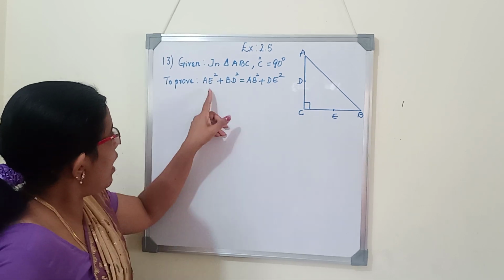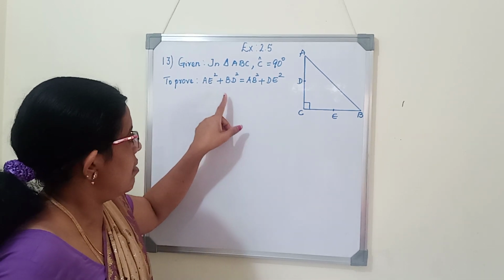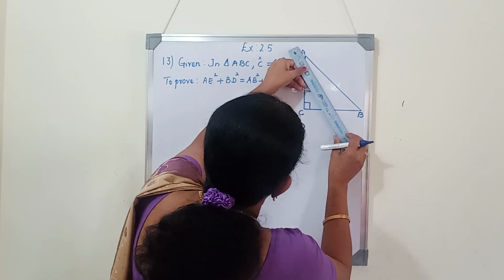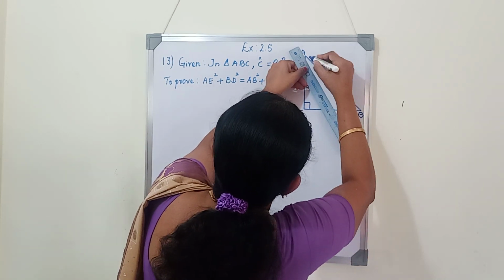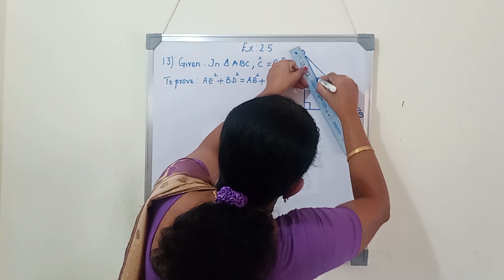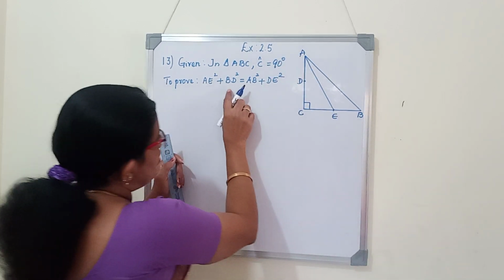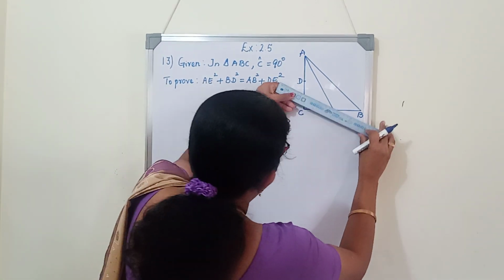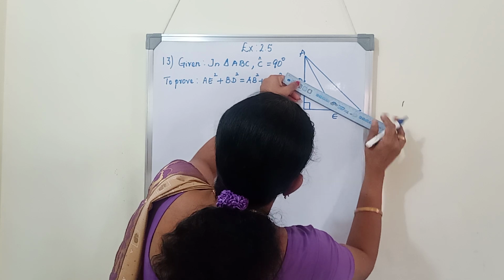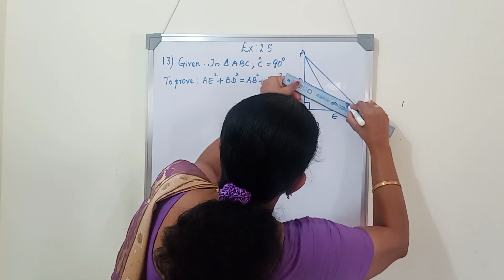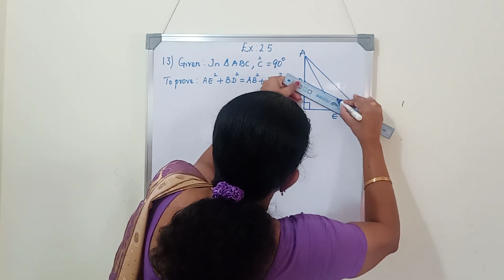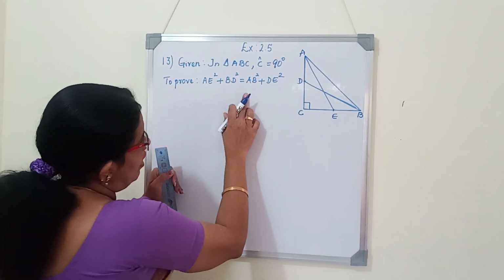So here you have to prove that AE square. So we have to join A and E so that we will get the side AE. Then BD square. So we will join B and D. Then AB square.